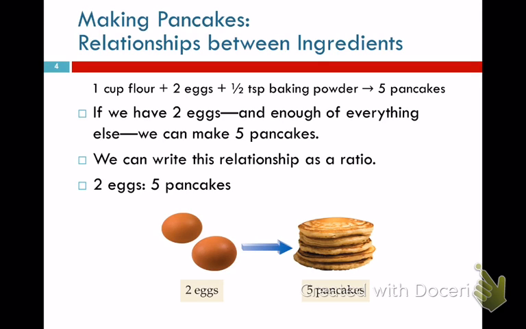Again, with 10 eggs, let me write it up high. There's all this stuff in the front of the classroom. I said 10 eggs. How many eggs is it for 10 pancakes? 4, right?